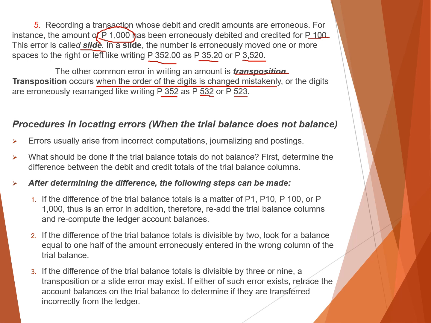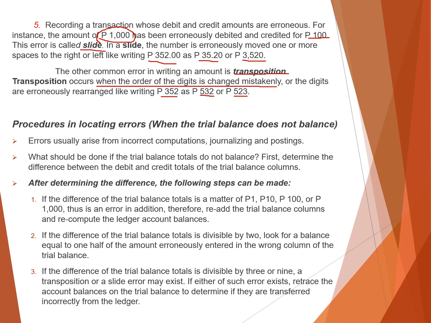Ngayon, what are the procedures in locating errors? Una, kailangan i-recompute. Pag hindi siya nag-balance, the first thing to do is to recompute. I-recompute mo yung ledger mo. Baka kasi mali lang yung pagkakakalculate. Okay? So what should be done if trial balance totals do not balance? First, determine the difference between the debit and credit.